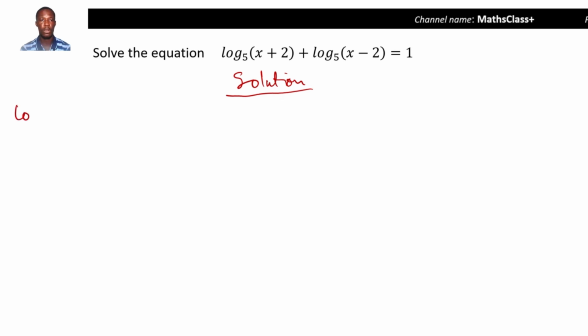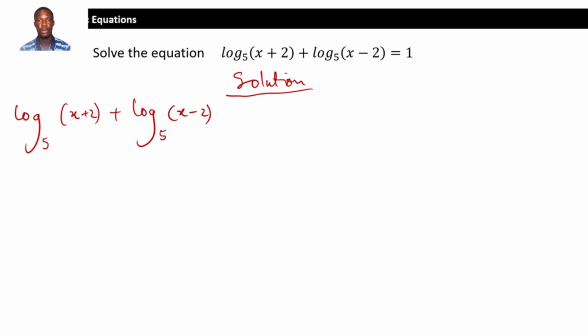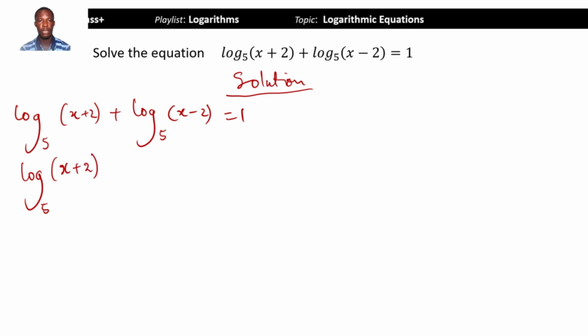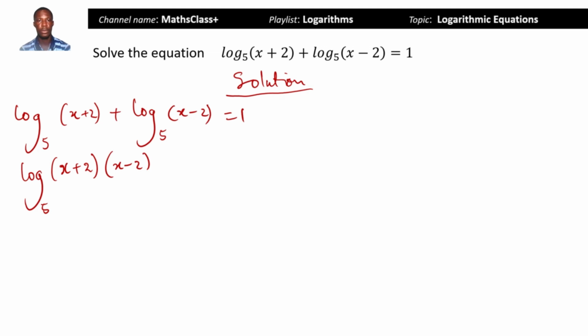We have log to the base 5 of x plus 2 added to log to the base 5 of x minus 2 equals 1. So if I look at this, I can write it as log to the base 5 of x plus 2 multiplying x minus 2, and this is equal to 1.